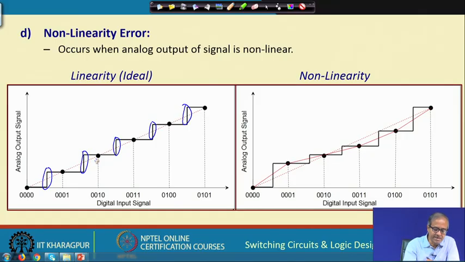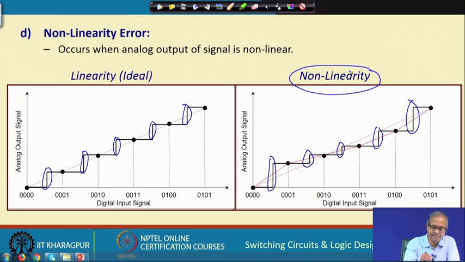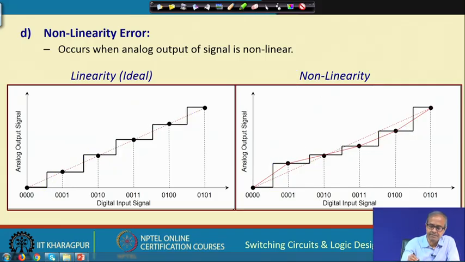The step heights may become different, like it is shown on the right side. You see, this step is larger, this step is smaller, this is again smaller, this is larger, this is even larger. This is called non-linearity error.